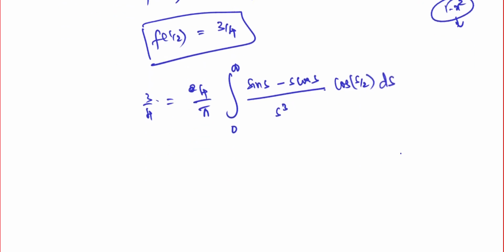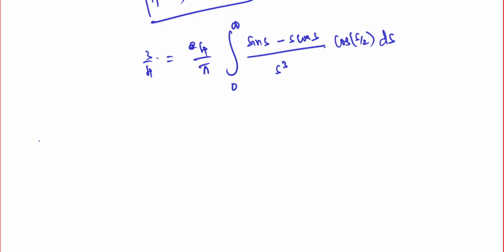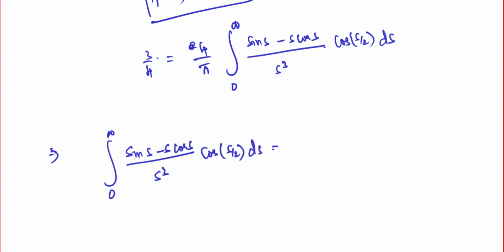Therefore the integral 0 to infinity of sine s minus s cos s divided by s cube into cos of s by 2 into ds is equal to 3 pi divided by 16. So 3 pi by 16 is the answer.